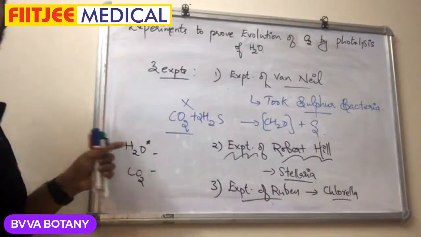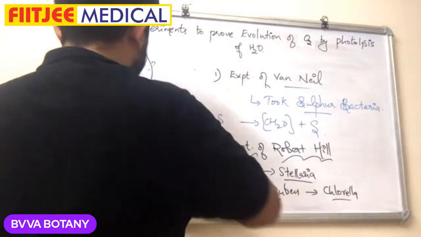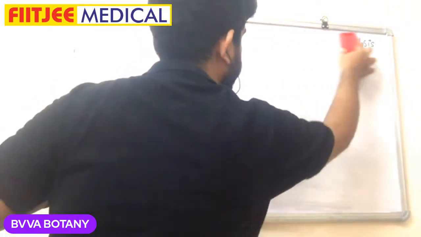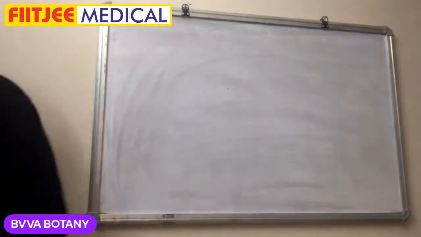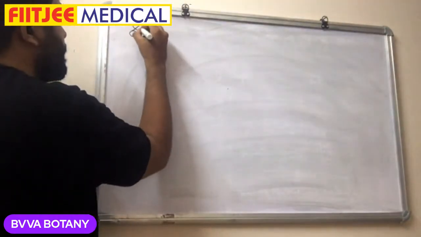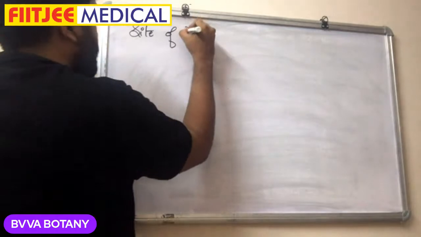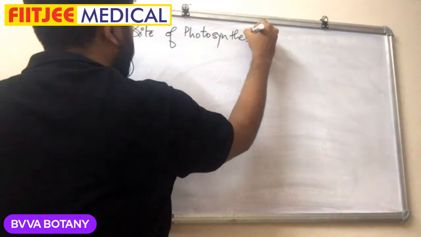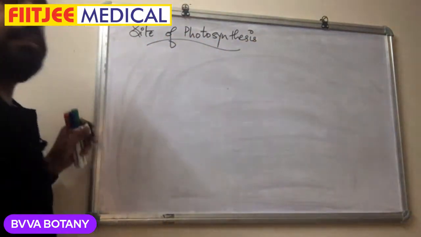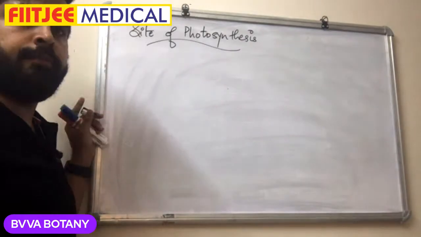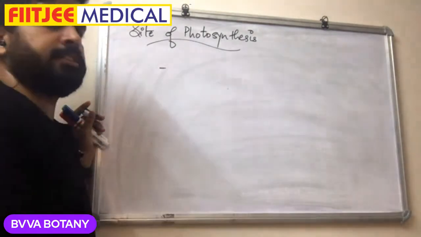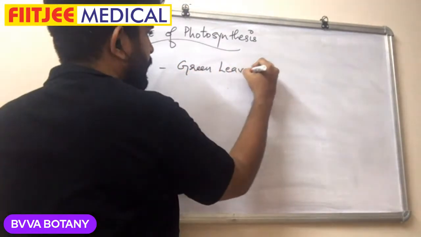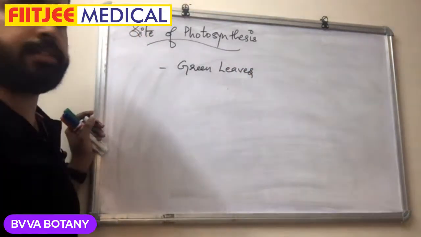Now we will move on to the site of photosynthesis. Where exactly does photosynthesis take place? Since lower classes we know that it takes place in green leaves. We have taken the experiment in the beginning of this class.